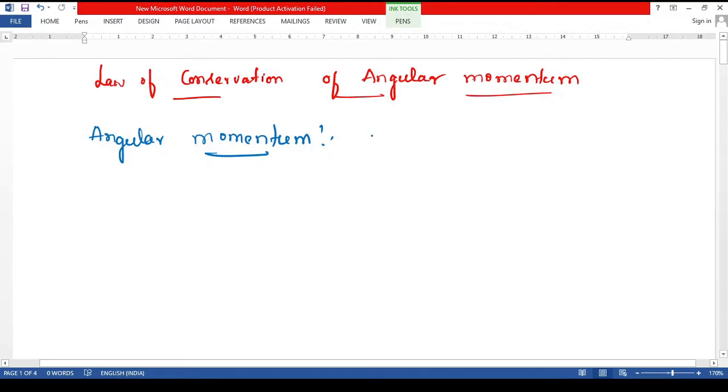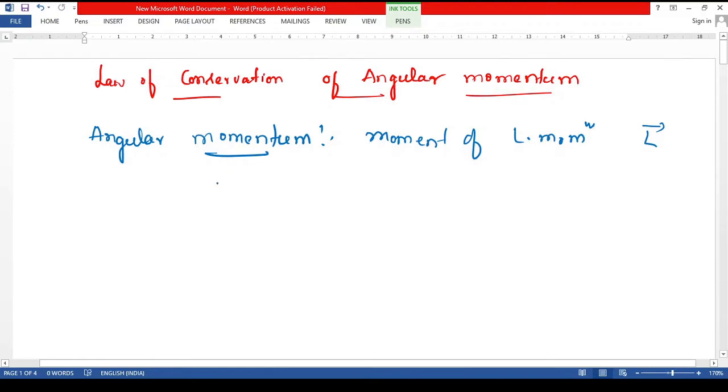Angular momentum of a particle is represented by the vector L.